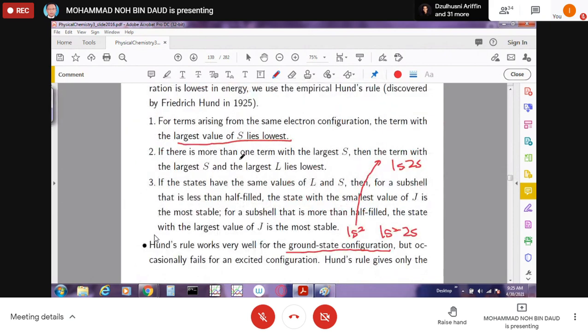If there is more than one term with the largest S, then the term with the largest S and the largest L lies lowest.